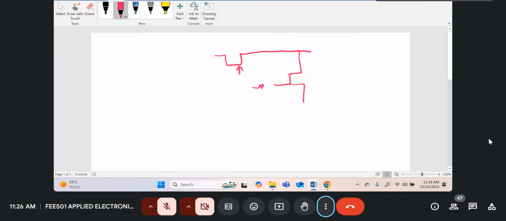So these are just coming through potential dividers. This is your top FET.